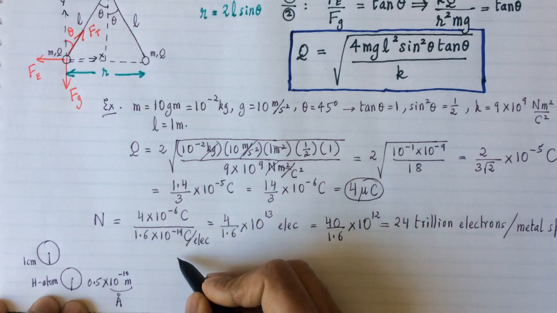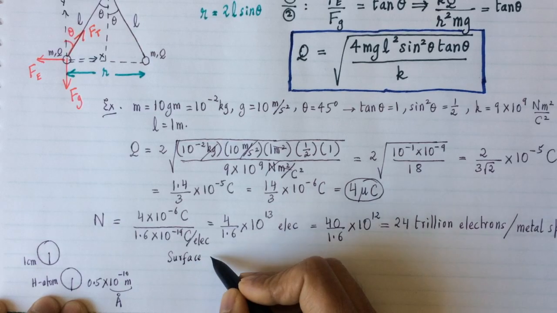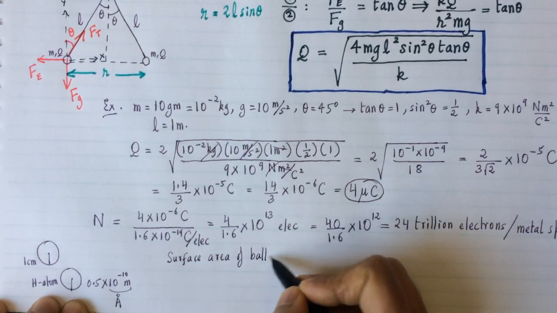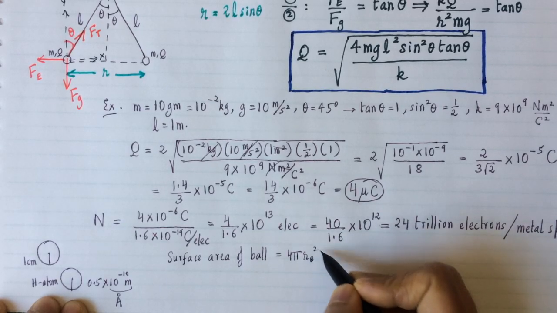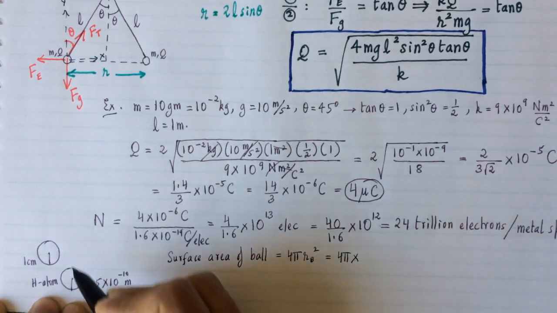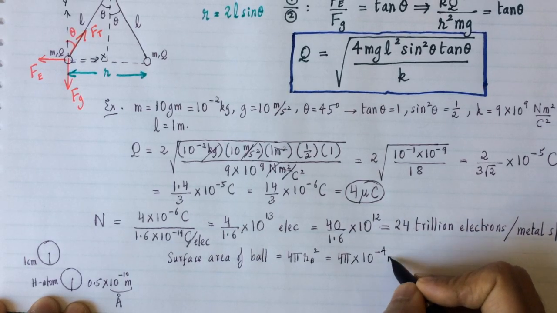So let's find the surface area first. The surface area of this sphere, I'll call it a ball, that's 4 pi times the radius of the ball squared. So that's 4 pi times the radius of the ball, which is 10 to the minus 2 meters, so that's 10 to the minus 4 square meters.